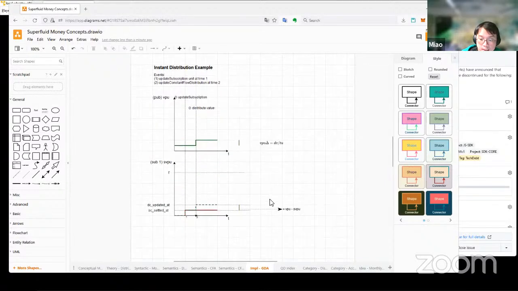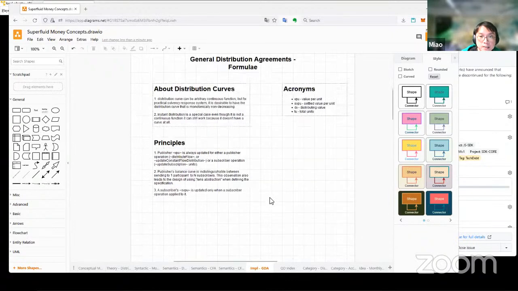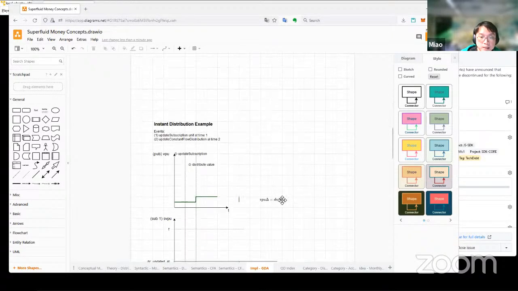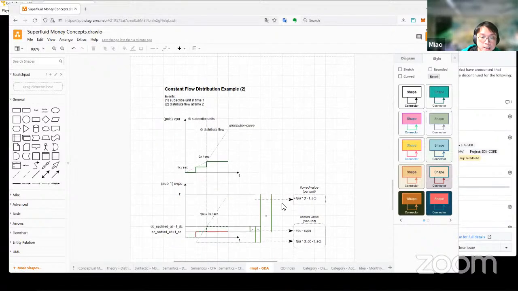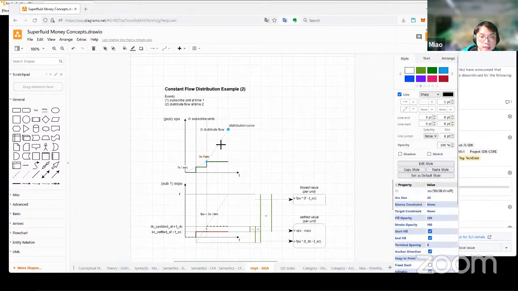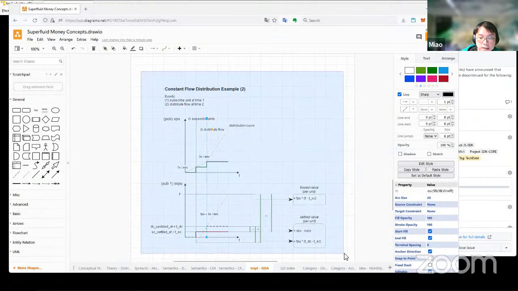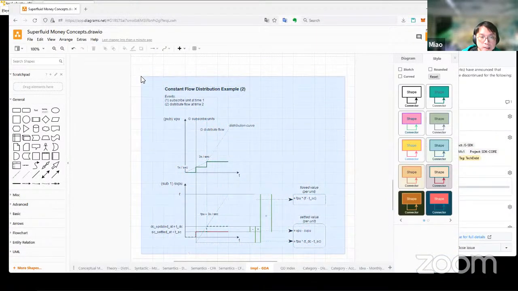But taking this idea further is still using the VPU and SVPU, but with a curve in between. So that's where the magic needs to be happening. It's about how to reconcile the fact that the curve is a smooth function of time, and the principle is that each time you do an action, things like subscribing to units, things like distribute flow, all these are an action in this GDA, particular type of GDA, right?